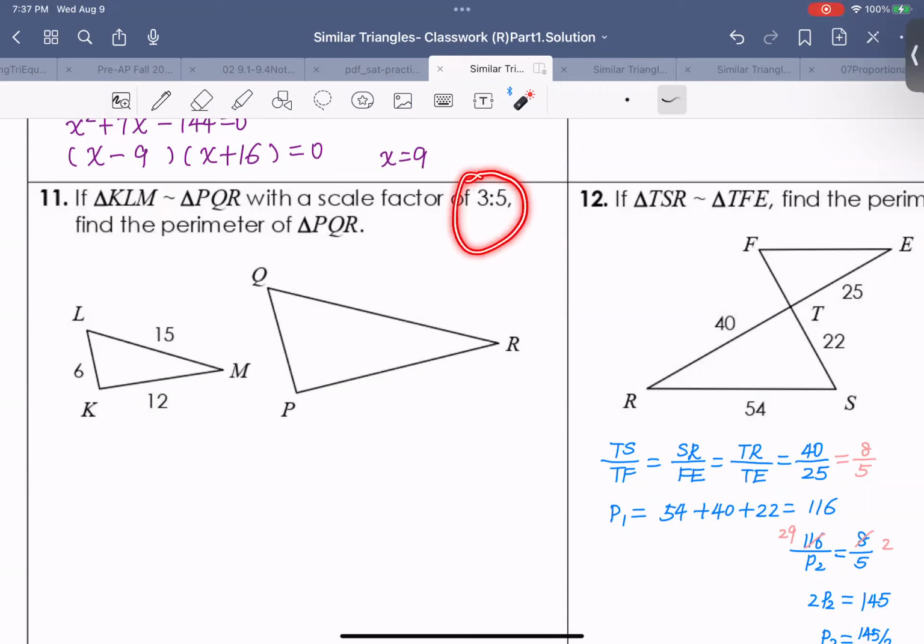And then you use the scale factor directly to find the perimeter of the big one. Try both ways, please, and verify if you have the same answer using these 2 different methods. Okay. Wait, so we basically do 11? Yes, do 11, but use 2 different methods and check if your 2 different methods give the same answer.